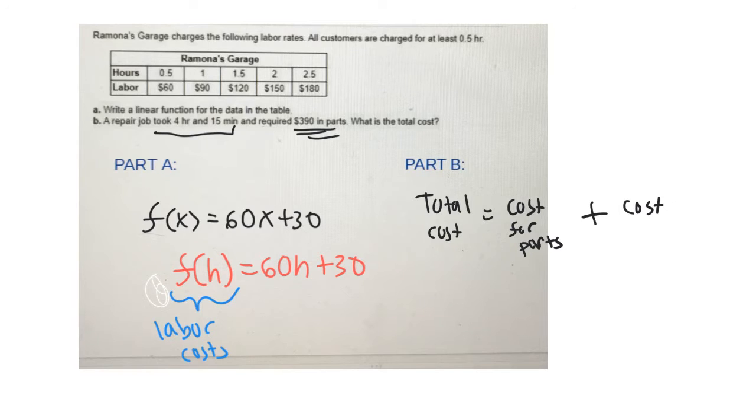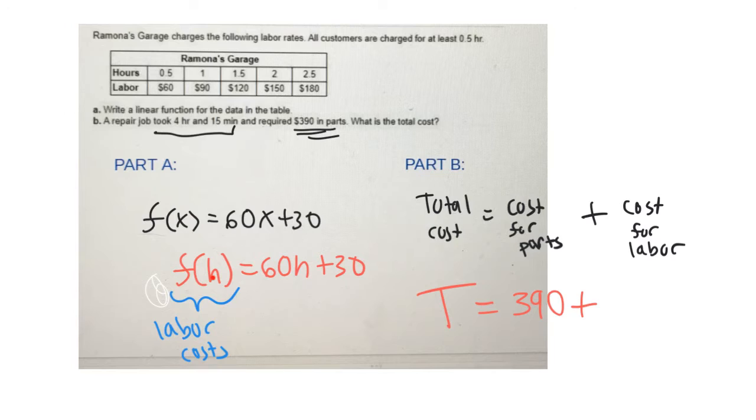Cost for the labor. So I'm going to write, total cost, big T over here. And we know that the cost for the parts for this, part B, is $390. So it's going to be $390 plus the cost for the labor.